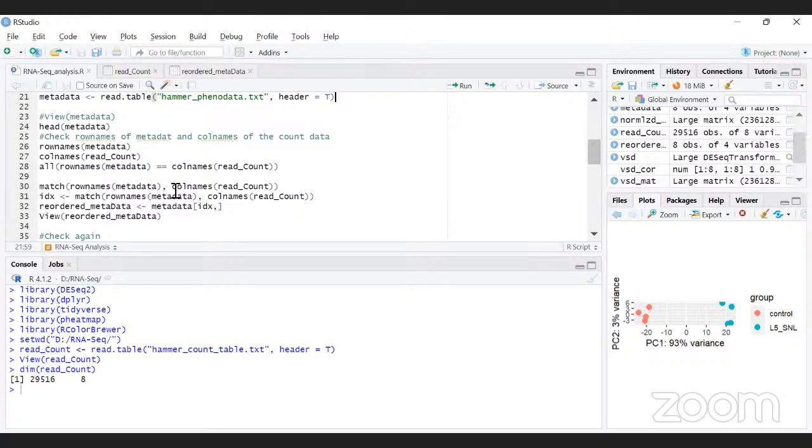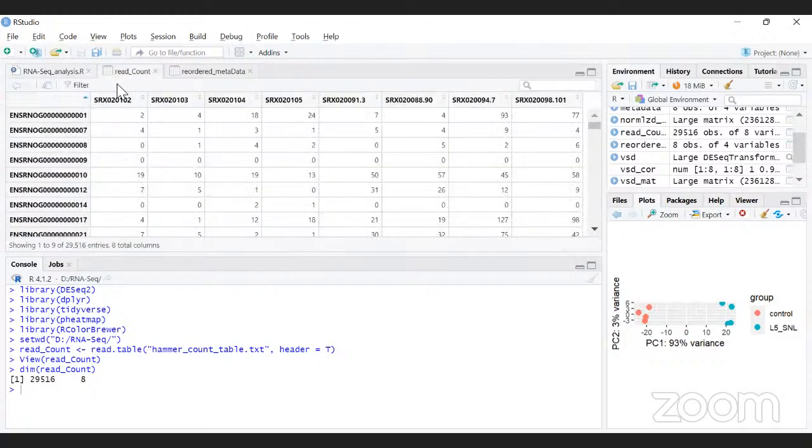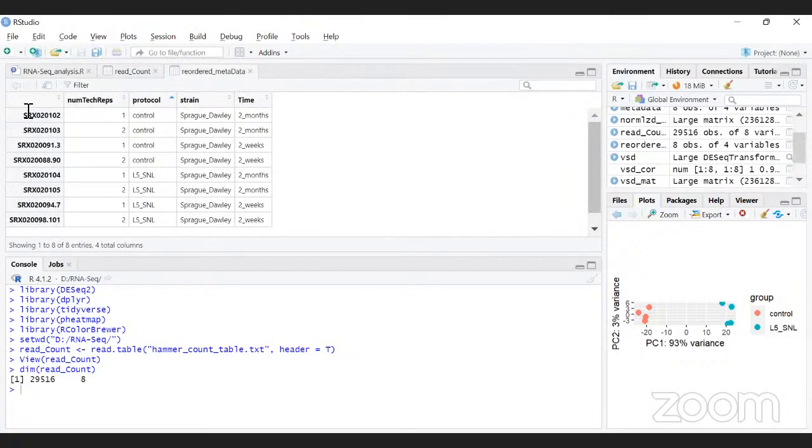What DESeq does is it creates an object called DDS. Here we are taking the data from a matrix file. We use a function called DESeqDataSetFromMatrix. You give the count file and you give the metadata file. The main thing about DESeq is that you would want the column names of the count file and the row names of the metadata file to be in the same order.